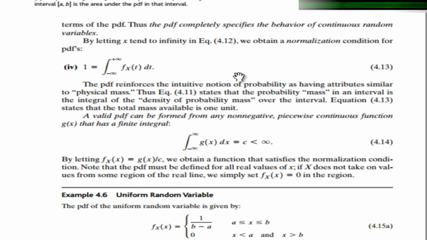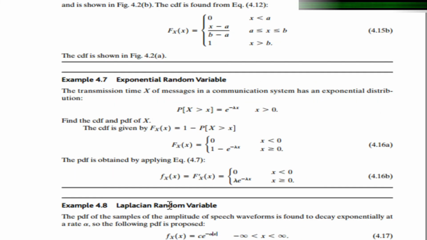In the next class, we are going to discuss different random variables which are important, and relevant examples of those random variables. First of all will be the uniform random variable, and after that we will also discuss other important random variables like exponential, Laplacian, and many others which are very important to study.